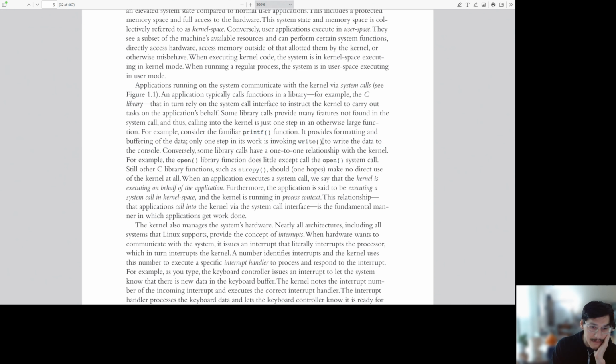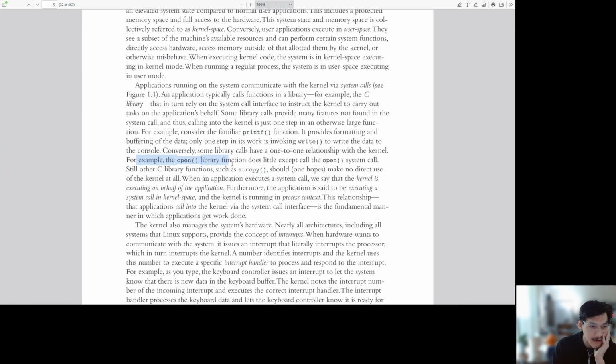Conversely, some library calls have a one-to-one relationship with the kernel. For example, the open library function does little except call the open system call. So we have an open function in the C library that indirectly calls the open system call. So they have the same name.